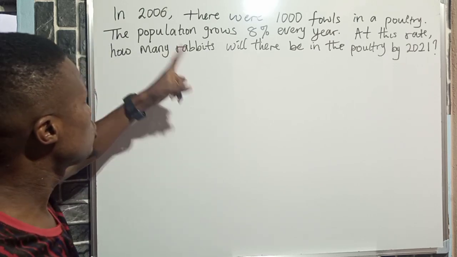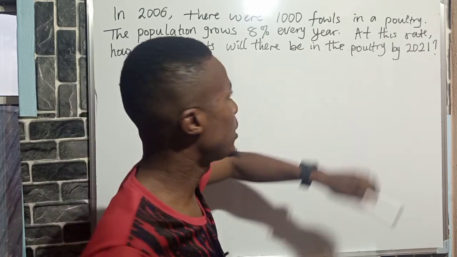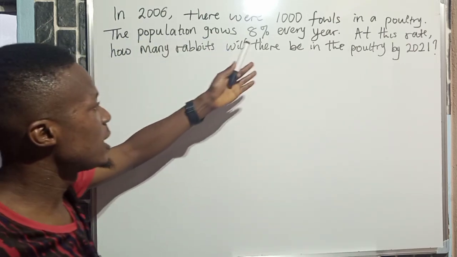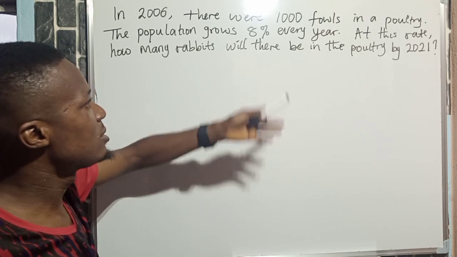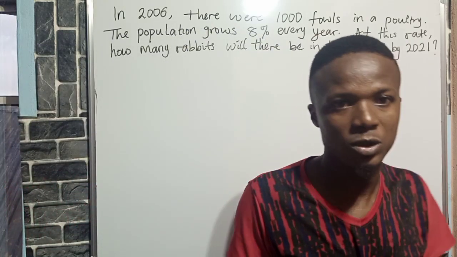So this is telling us that in 2006 there were 1,000 fowls in a poultry. The population grows 8% every year. At this rate, how many fowls will there be in the poultry by 2021?